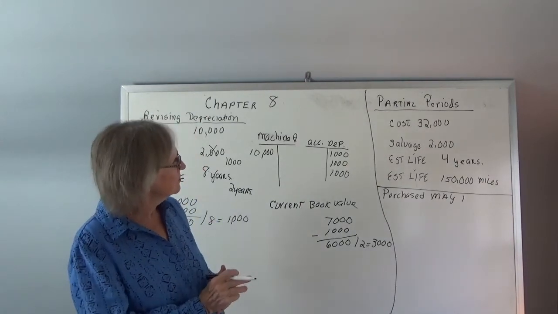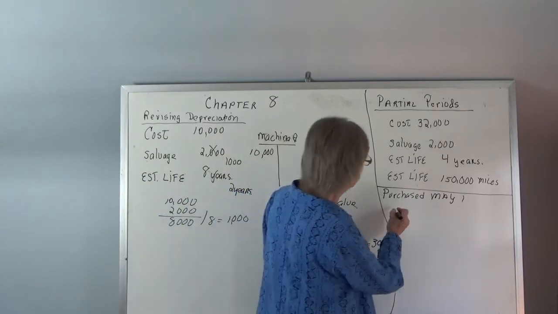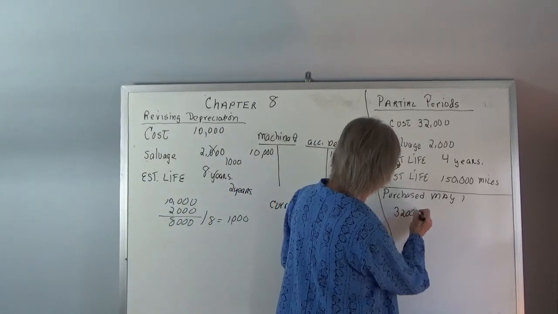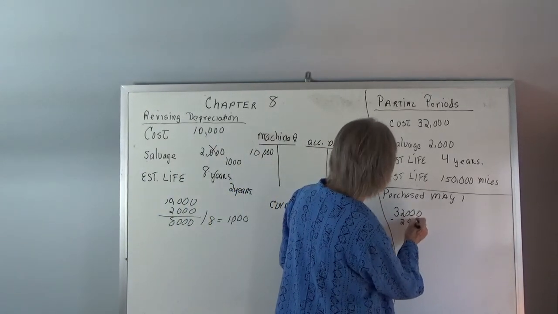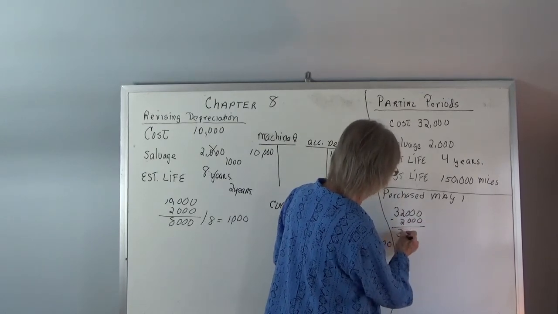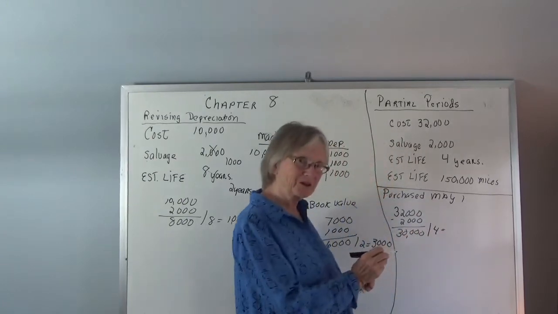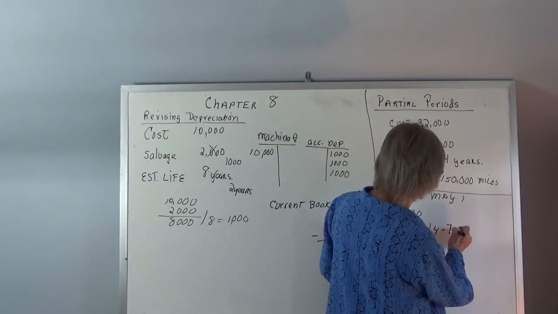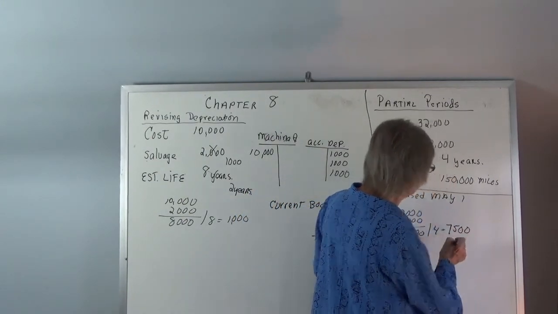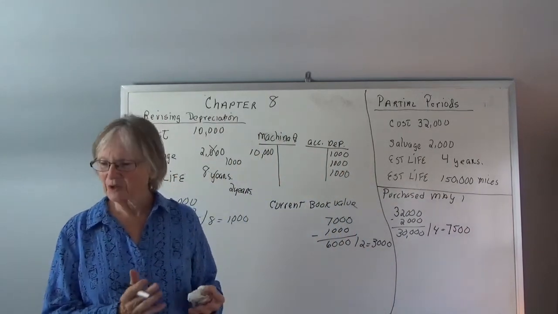So how does that work with straight line? Well, here's the cost of 32 minus the estimated salvage of 2, depreciable base of 30, divided by 4 years. This should all be very familiar because we've done it before. It gives you 7,500 per year. But that's for the full year. So what are we going to do?